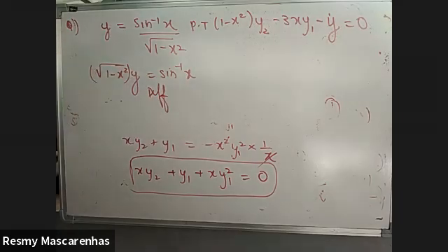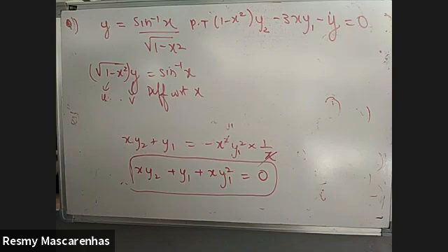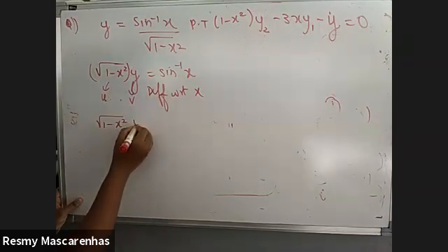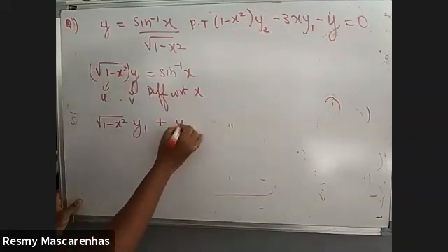So u into v formula you have to follow. So differentiate, this will be 1 minus x u into derivative of v, so that will be y1, plus v into derivative of u.